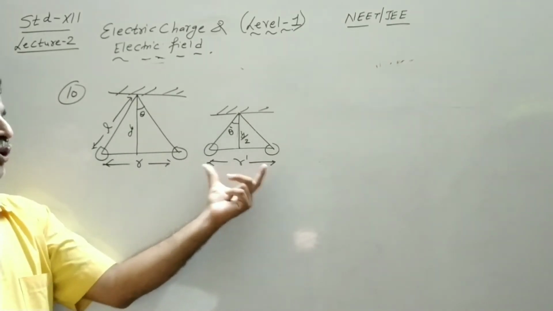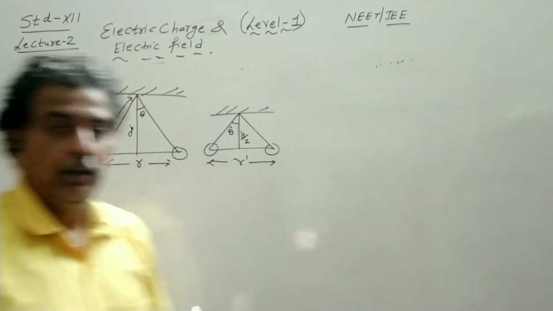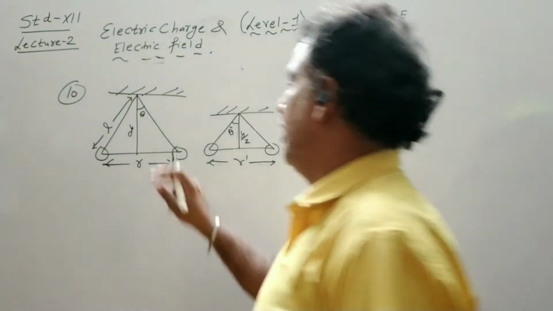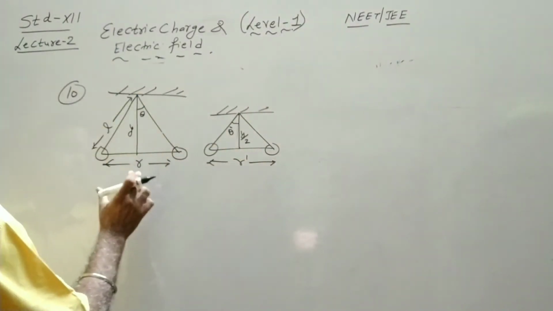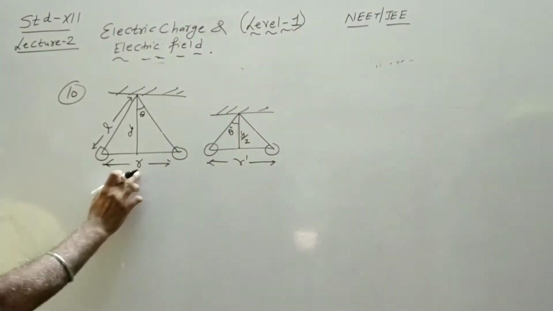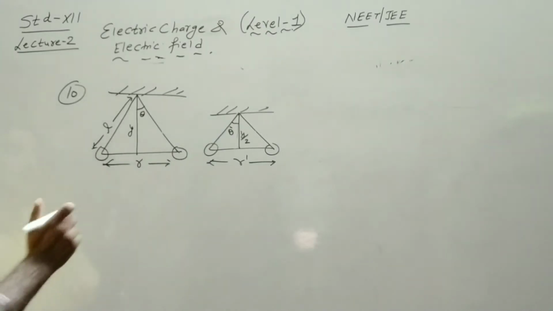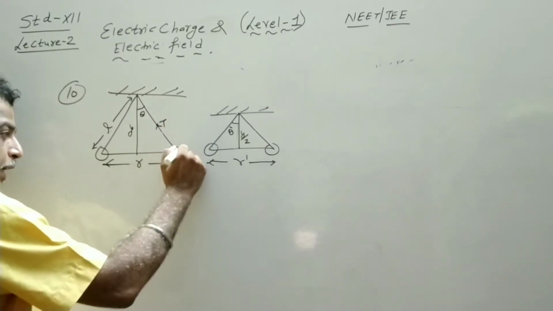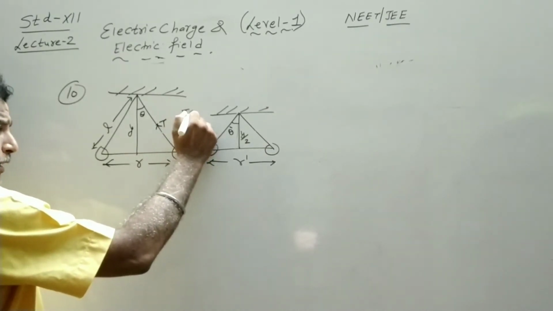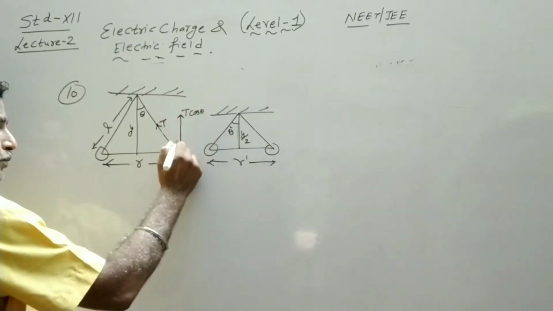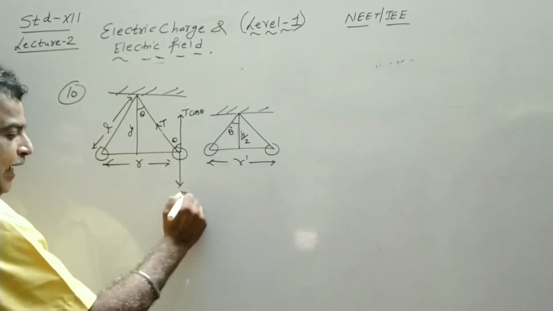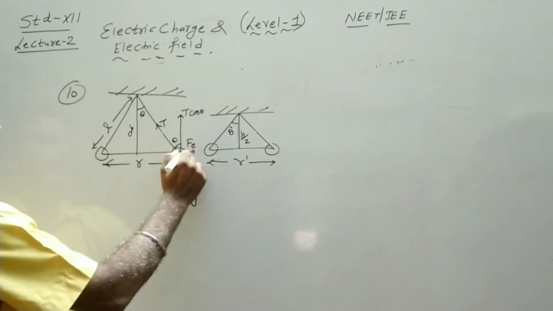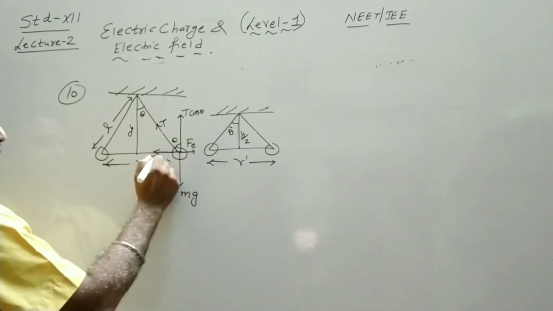Now the new distance. When the pith balls were clamped at an angle theta, the equilibrium position was obtained at R. Such type of numerical we have done earlier. This was the tension. Immediately we make a component. This was T cos theta. This is the weight mg. And this was our electric force Fe. And this component was T sin theta.